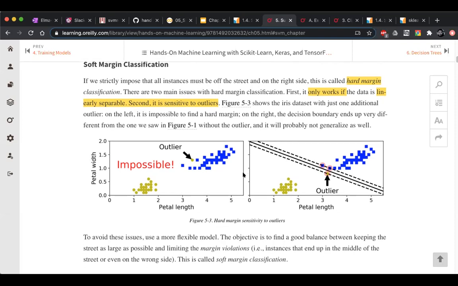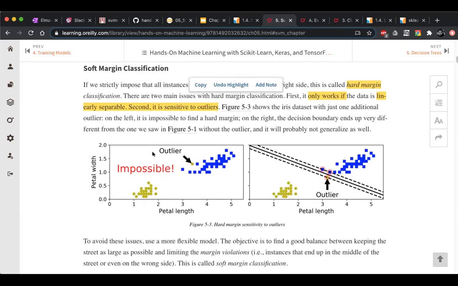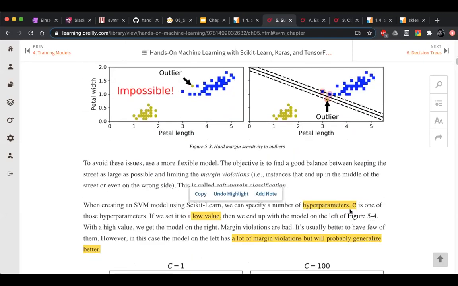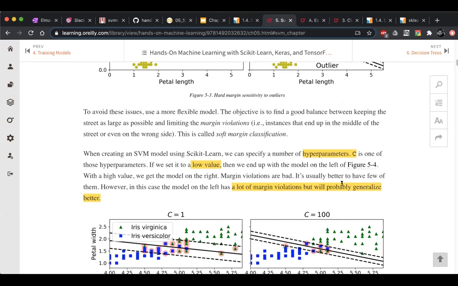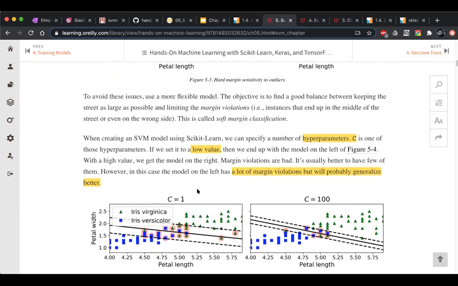And how we define our margins to be soft or rigid is a hyperparameter, and that is C. We will be using this hyperparameter no matter what task we're dealing with, classification or regression, and whatever linearity it has. The lower the value of C, the more flexible our model is. What does that mean?